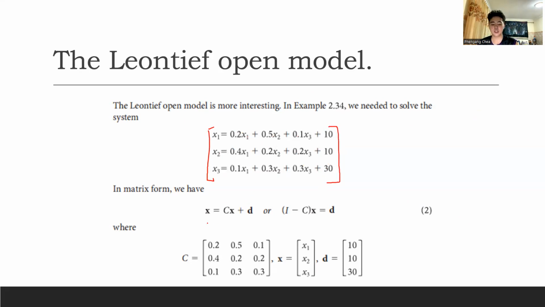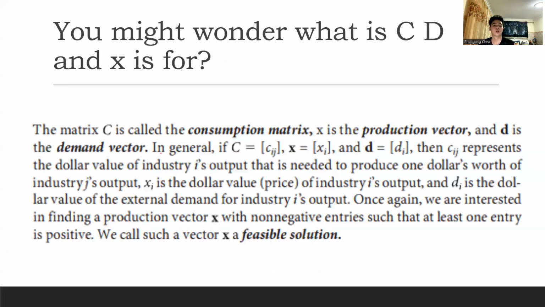This is x, this is c, the constant number, this is x, the variable, and then d is the last column of the exercise. Here, this is the b. Here, x is the variables in order, and here c is the constant number that the exercise gives us.